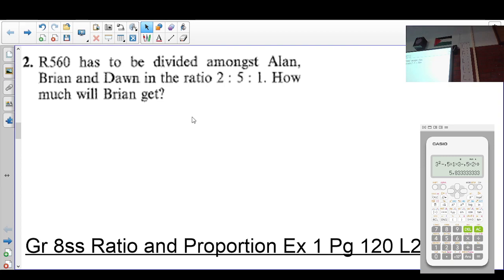So where do we stop? There's the ratio. Alan is to Brian is to Dawn, in the ratio 2:5:1. So what do we do first? Add the parts, the units.